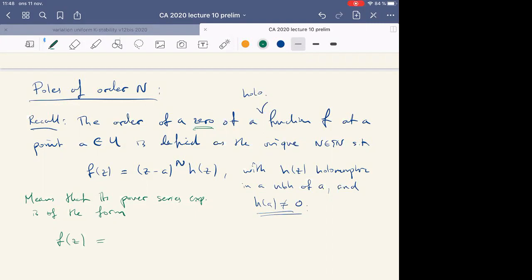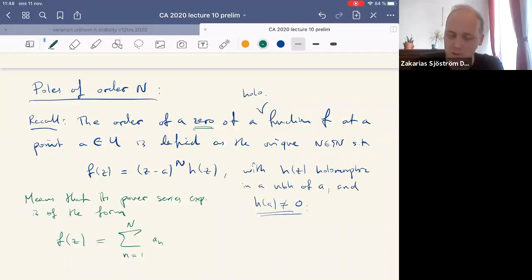It's a summation from n equal 1 to capital N, or a minus n, because we will use n again. Anyway, over z minus a, now it's a zero, right? So just to say it's a zero and not a pole of order n.